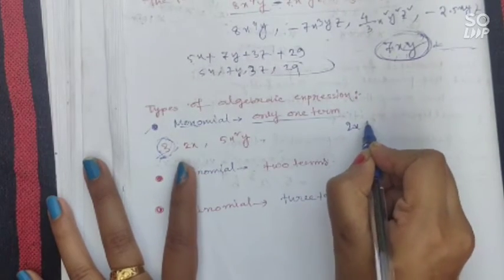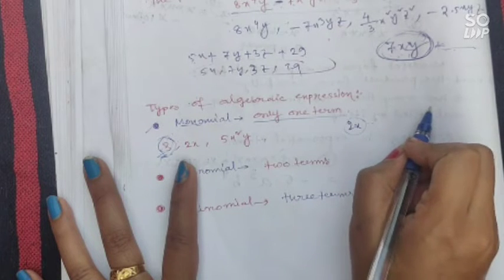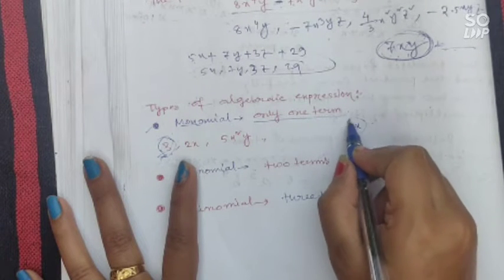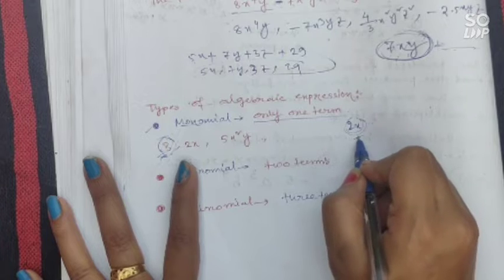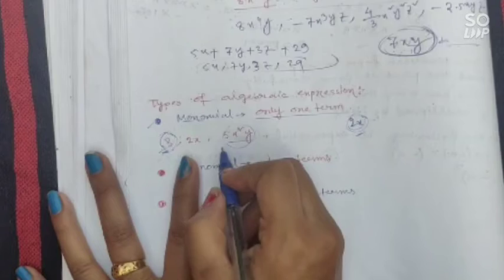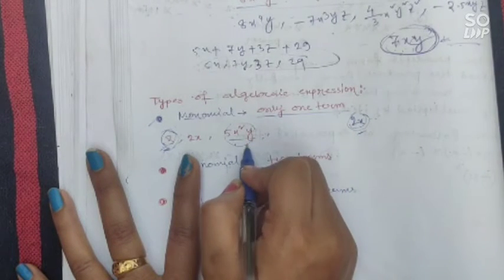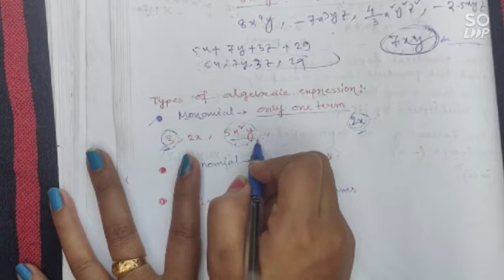There is no term connected with this term by plus or minus. So the number of terms is 1. So this is a monomial. 5x square y. This is also a monomial because no terms are connected with this term by the sign plus or minus.